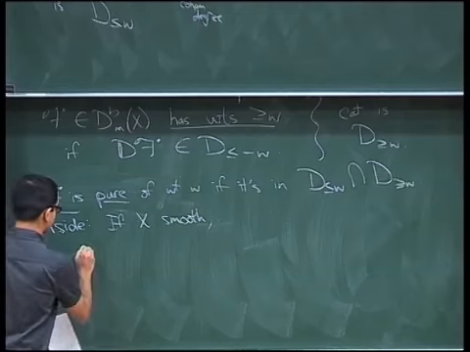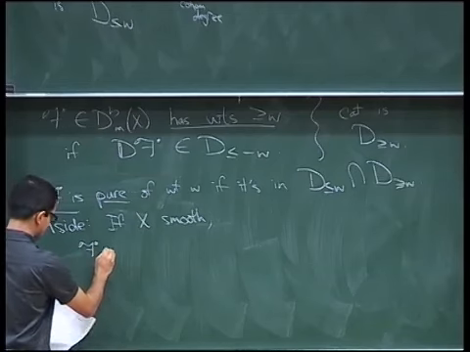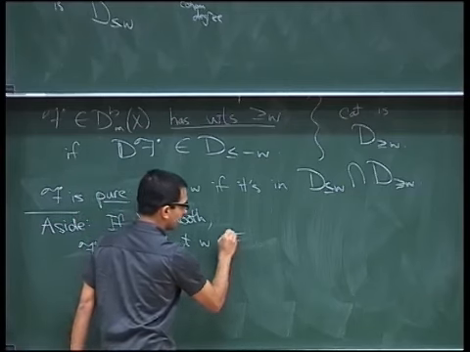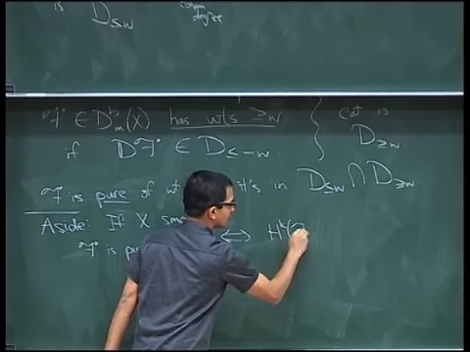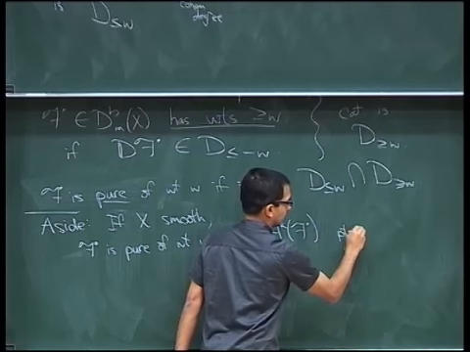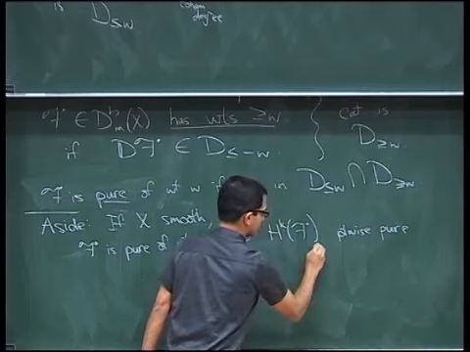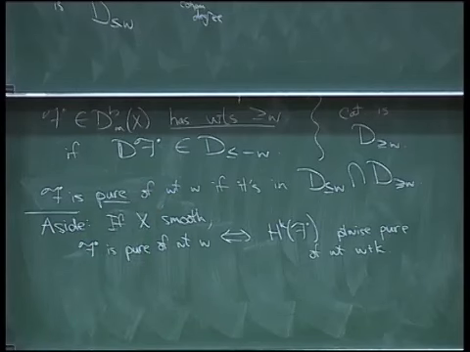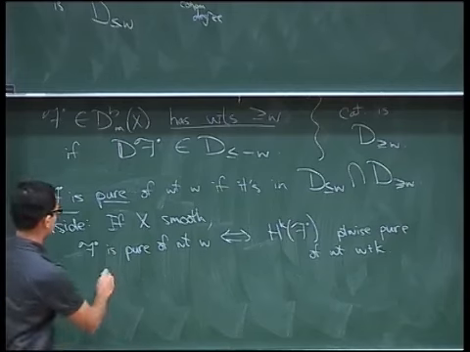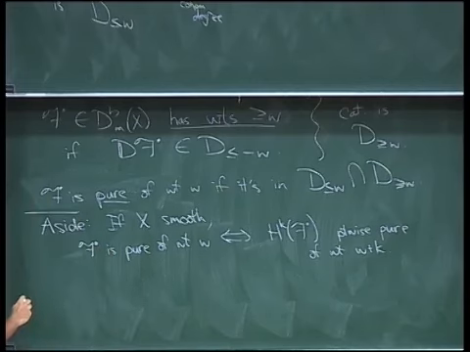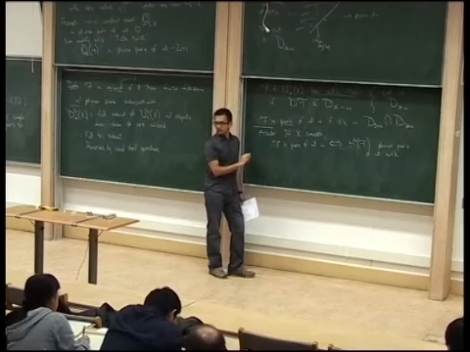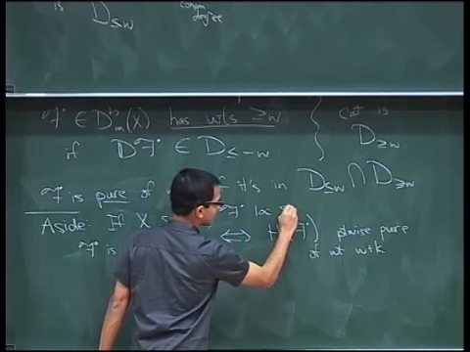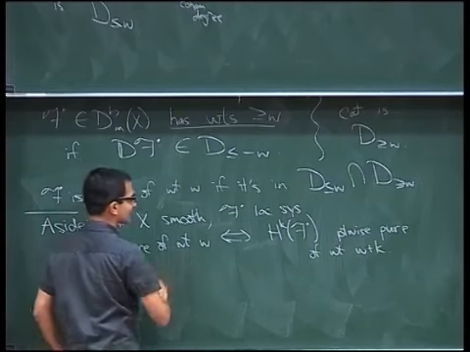And in this case, it turns out that a complex is pure of weight W if and only if all its cohomology sheaves are pointwise pure of weight W. The kth cohomology sheaf has to be pointwise pure of weight W. Constructible is not enough.